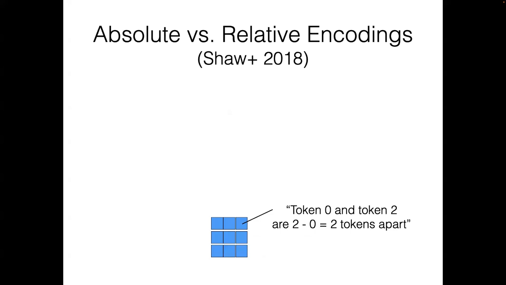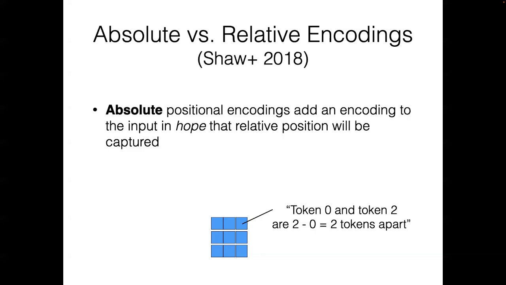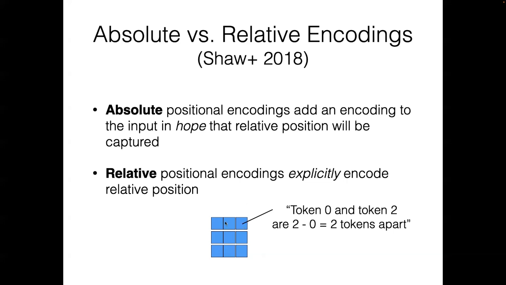So one thing people were interested in is whether you could only care about relative positions. Instead of encoding that this token is in position 0 or position 16, just say, for this pair of tokens, how far away from each other are they? If you think about it, it doesn't really matter exactly which absolute position it's in. It's just looking at the relative positions. So here's a minimal example showing you the idea.